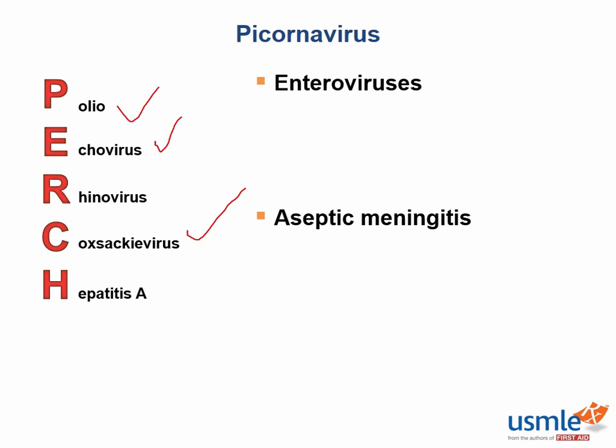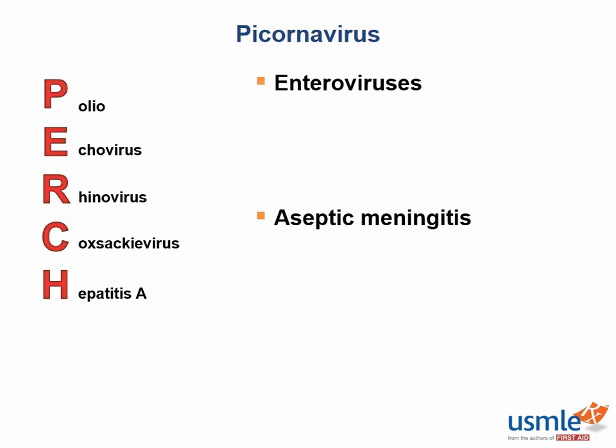It is called aseptic because if a spinal tap was done, the cerebrospinal fluid that is collected will not have purulent drainage like seen in a bacterial meningitis. So it's considered aseptic. The cerebrospinal fluid actually looks pretty normal in the case of this type of meningitis.